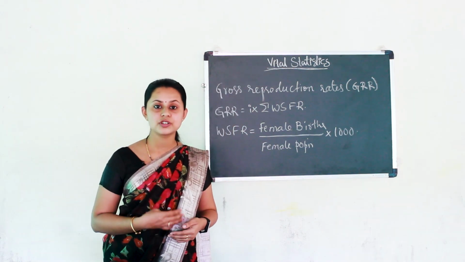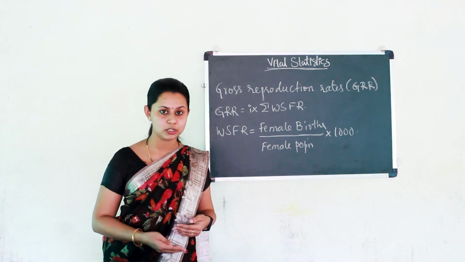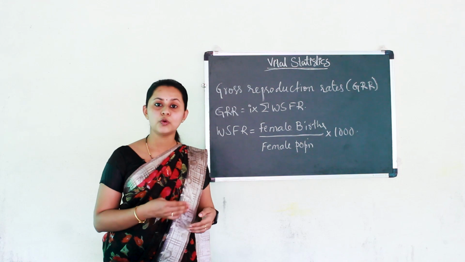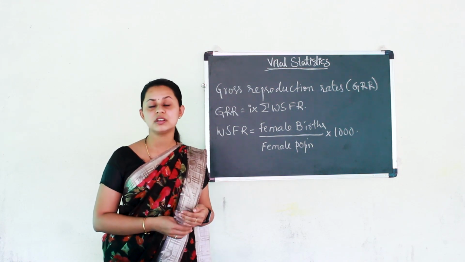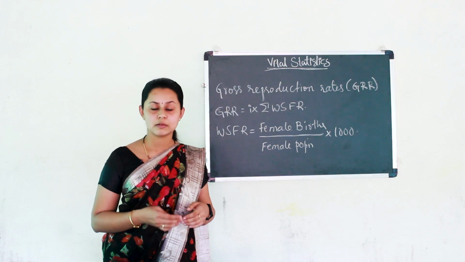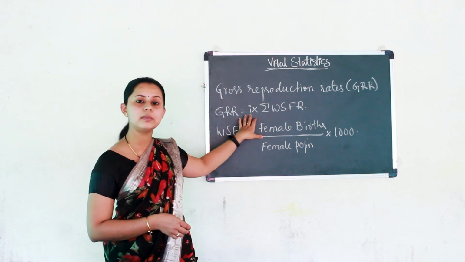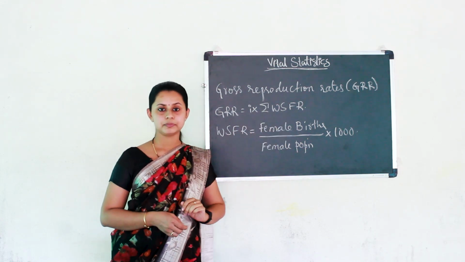This gross reproduction rate shows the rate at which mothers would be replaced by daughters, or the old generation by the new one, if no mothers died or migrated to some other place before reaching the upper limit of the childbearing age, that is 49 years. It is given by the formula GRR is equal to i into summation WSFR.